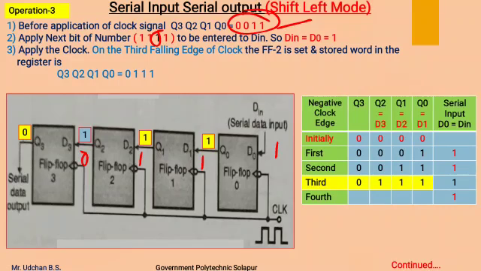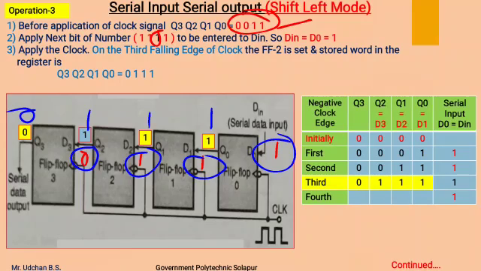After applying the clock pulse, whatever input is available at D input, they will appear over the Q output. Means this one will appear as Q0, this one will appear as Q1, this one will appear as Q2, and this 0 will appear as Q3 after third negative edge of the clock.